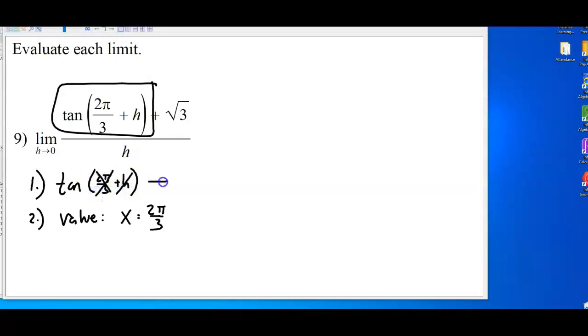And so the function is f of x equals tangent of x. Shortcut time. Let's find that limit using derivatives because that limit represents a derivative.